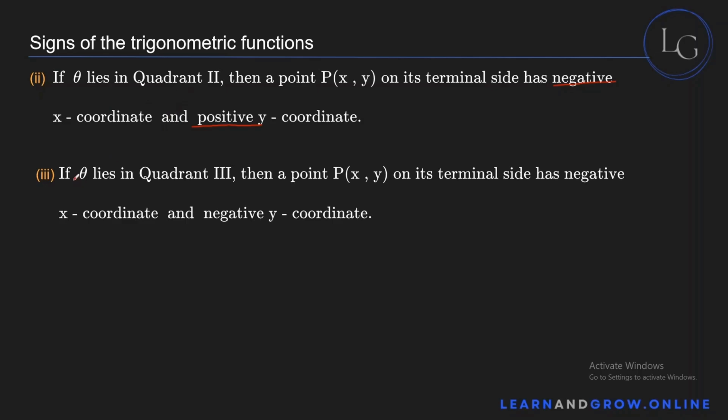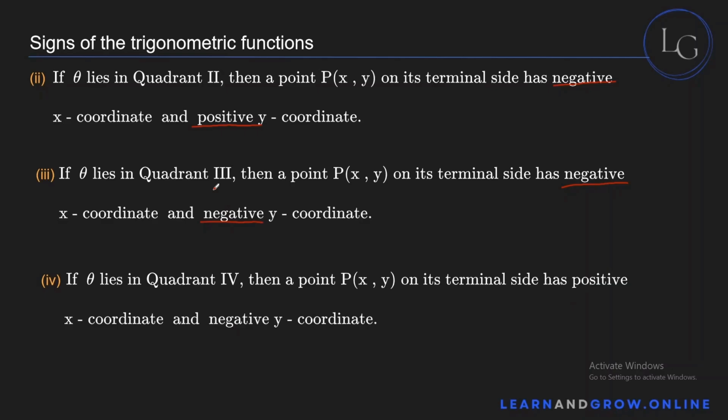In the third quadrant the x and y coordinates are both negative, and the tangent functions are only positive in quadrant 3. For quadrant 4, the x coordinate is positive and the y coordinate is negative, and the cos functions are positive only in quadrant 4.